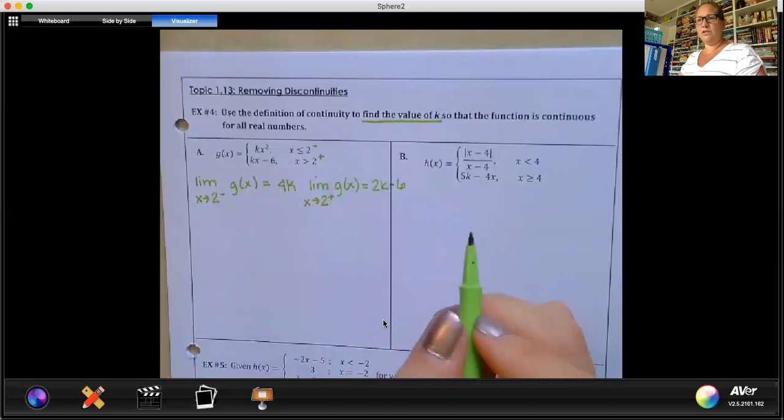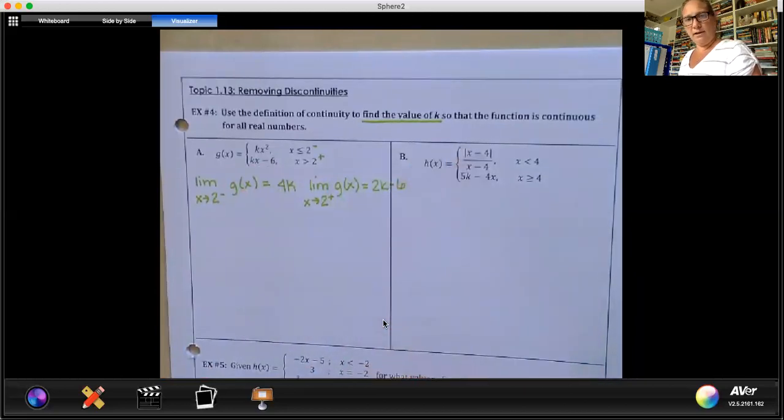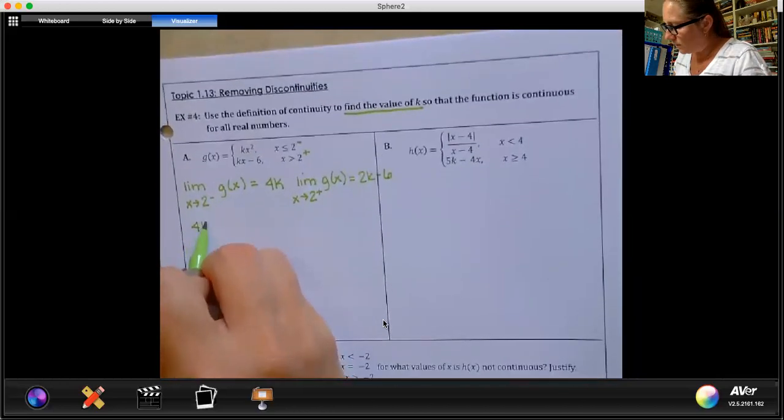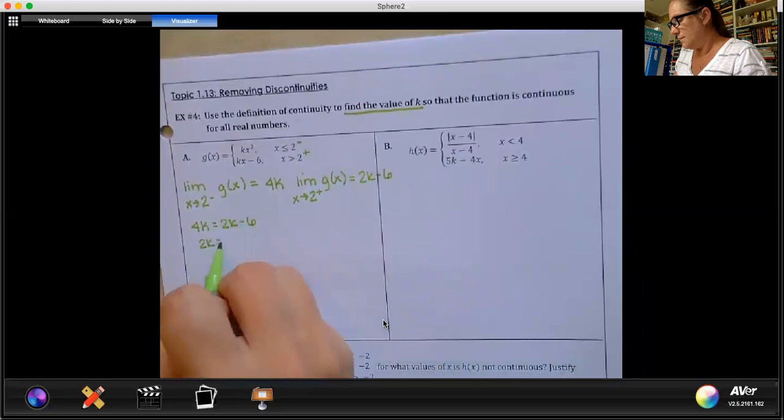In order for a function to be continuous, you must approach the same value from the left and from the right, and they must be equal. So set those two limits equal. 4k equals 2k minus 6, and solve your equation. 2k is -6, so k is -3.